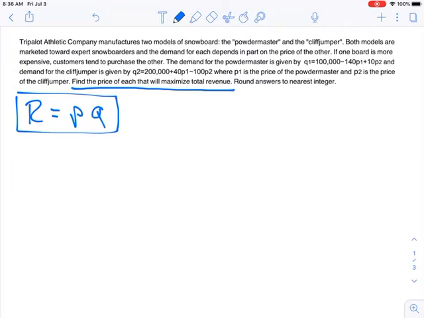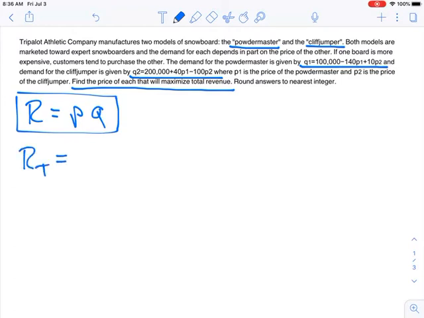In this problem, however, we have two different products, the Powder Master and the Cliff Jumper, two different models of snowboard. And each one comes with its own demand function. And so what we have to do is to determine the maximum revenue. We need to determine the revenue.